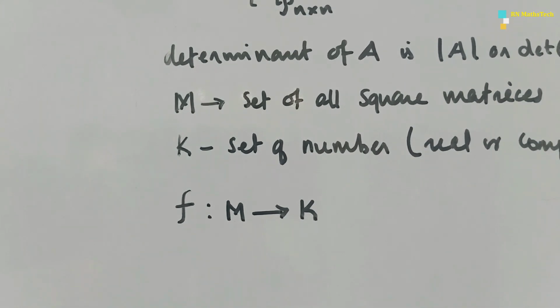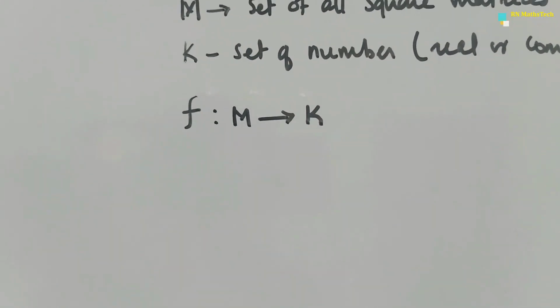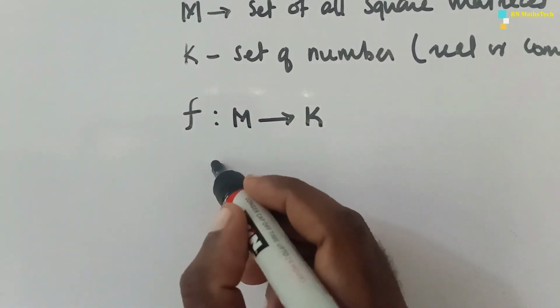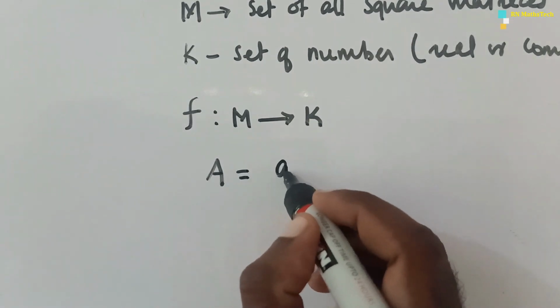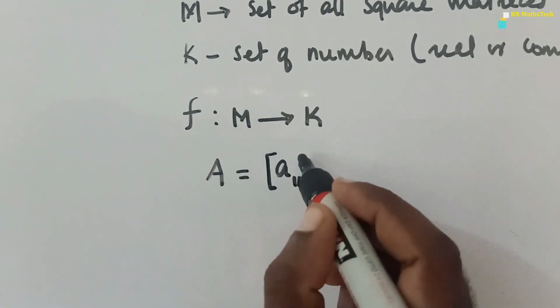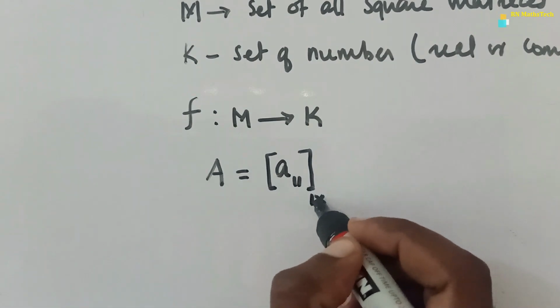The determinant of a matrix of order 1. Let capital A be equal to the matrix [A11]. That is a 1 by 1 matrix.